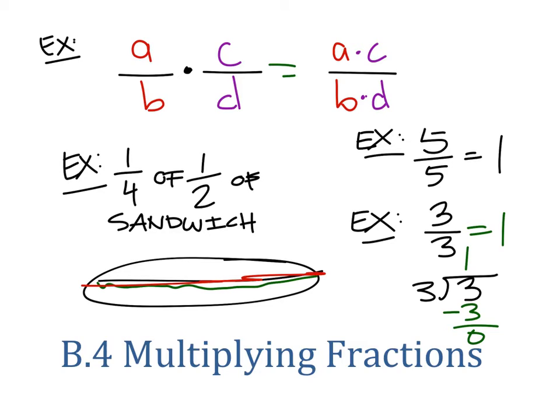A ketchup and lettuce sandwich. Sounds delicious. Anyways, if I had half the sandwich, then I would just cut that in half, right? But if I had a fourth of that, then I've got to focus on just this portion. I'm going to focus specifically on this portion here on the left, right there. So I need a fourth of that, okay?